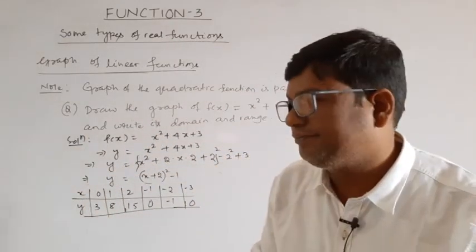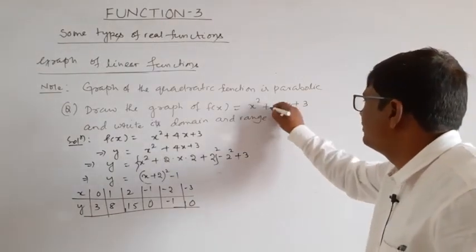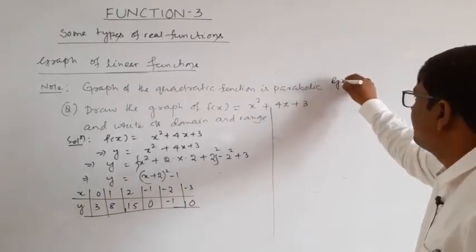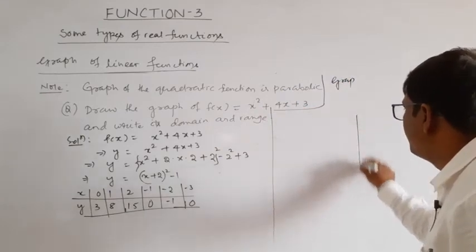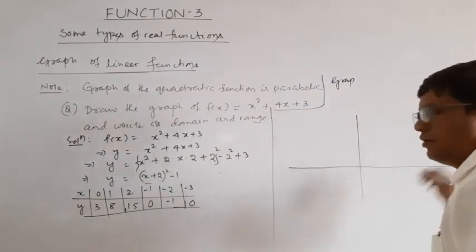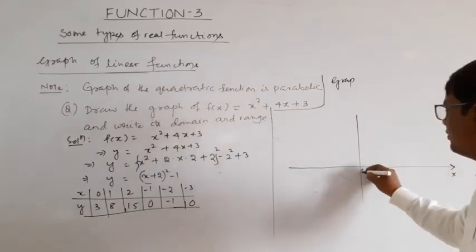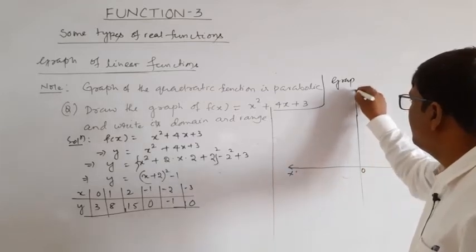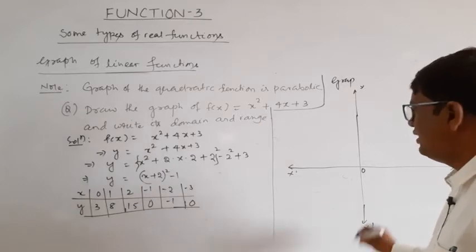Taking this table, draw the graph. Now the graph is what? Like this. This is x dash, O, x, and this is y, O, y dash.